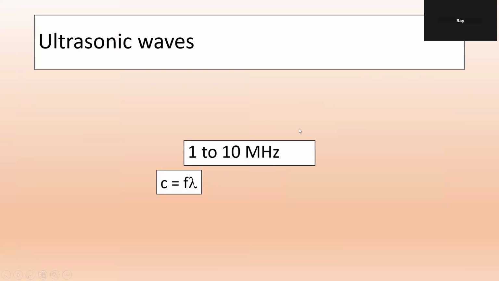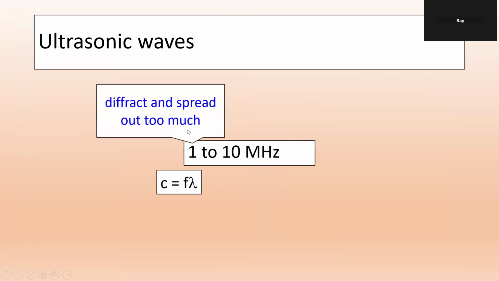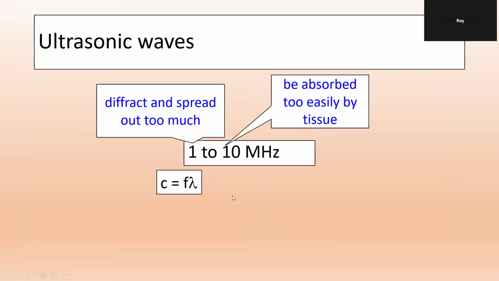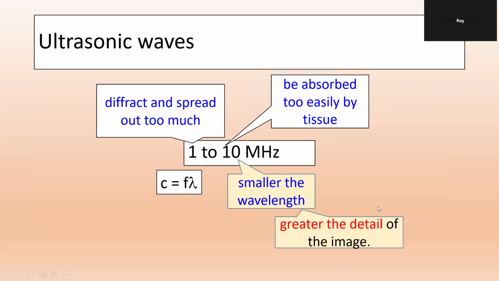This is summarized for you in picture form. 1 megahertz, diffract and spread out too much. That's a formula we will use quite frequently under modern physics and medical physics. Then be absorbed too easily by tissue, 10 megahertz. And at 10 megahertz, the smaller the wavelength, the greater detail of the image.